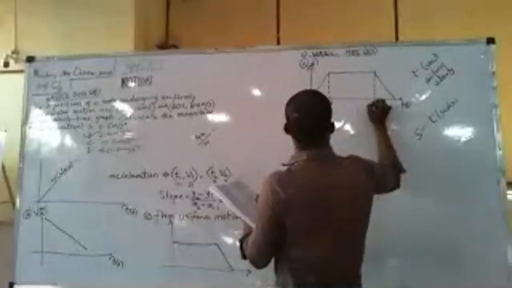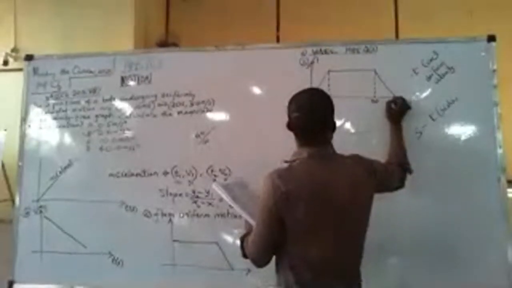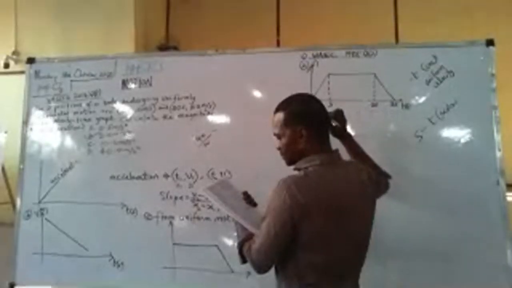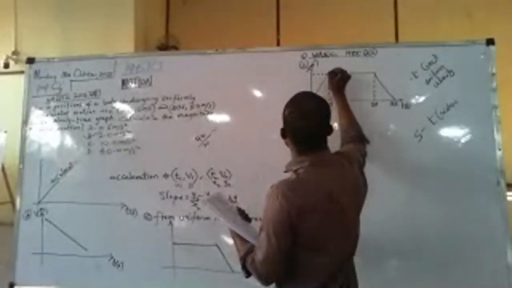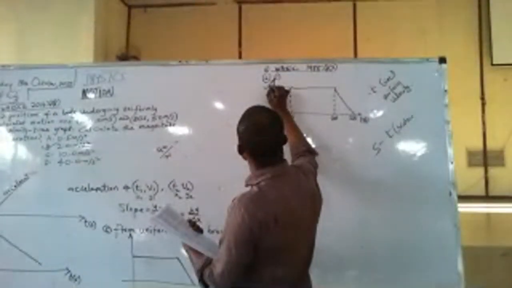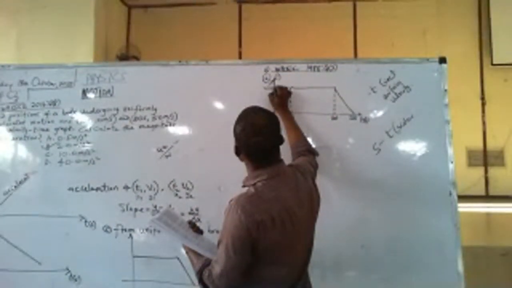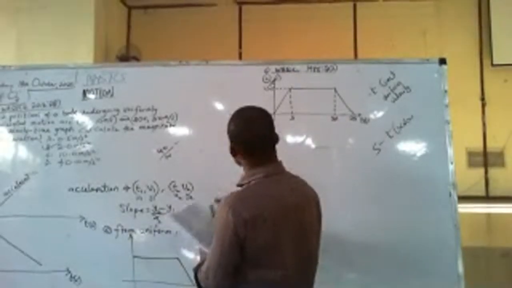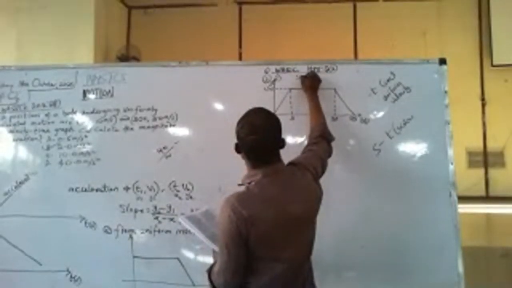This is 20 seconds. And this is 25 seconds. This space was not given at all. It was in meters per second. Let's say that from this diagram, which is speed.